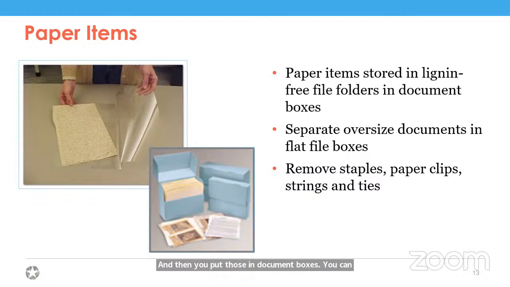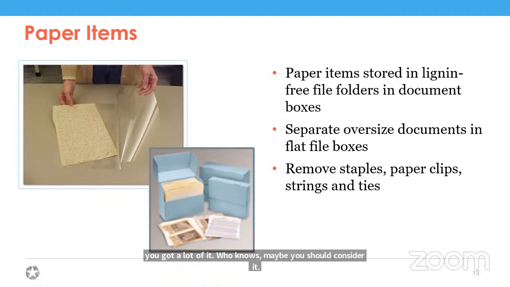You can separate the oversized documents and put those in a flat file box if you'd like, or they do sell larger folders that you can put small maps and things in, up to newspaper and poster size. It's going to be a little more unwieldy in the house to have a flat file that large, but if you've got a lot of it, maybe you should consider it.